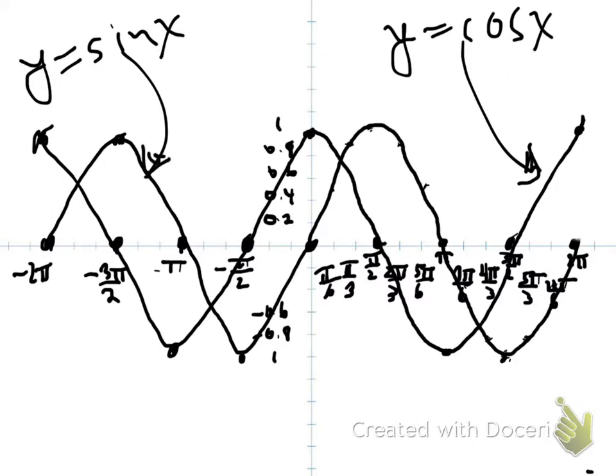So if you notice that the graphs are essentially the same, the only difference is that if you shift the cosine of x pi over 2 to the right, you're right on top of the function y equals sine of x. Alright, so hopefully this brings a little bit of clarity on how the sine and the cosine functions are derived using the unit circle.